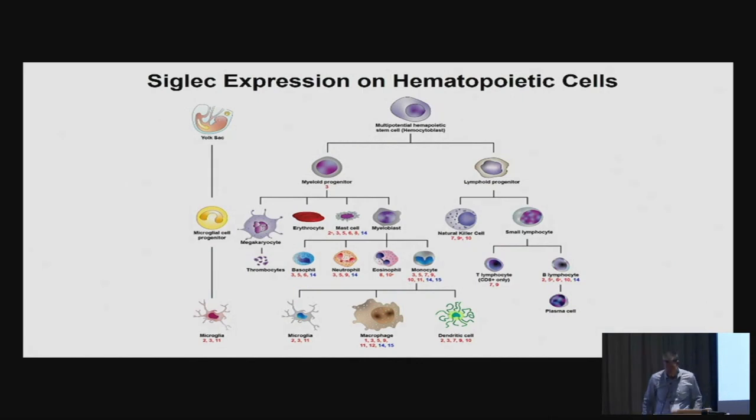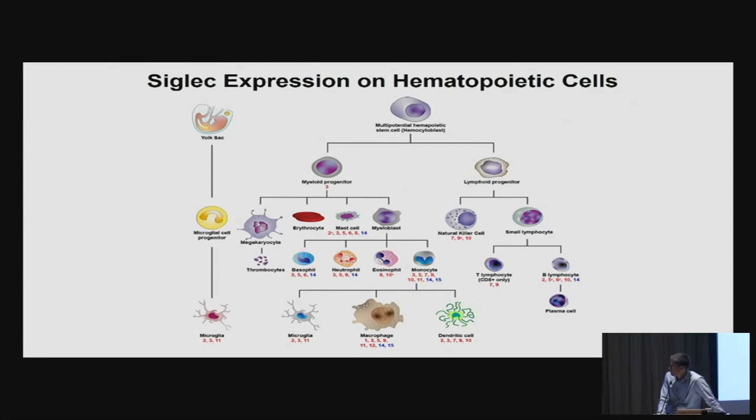Okay, here's a nice slide that Jay-Sue from my group, who's in the audience, our first PhD graduate from the lab, put together, summarizing where the siglecs are, and where they are is predominantly throughout the hematopoietic lineage. I'm not going to go through all these.